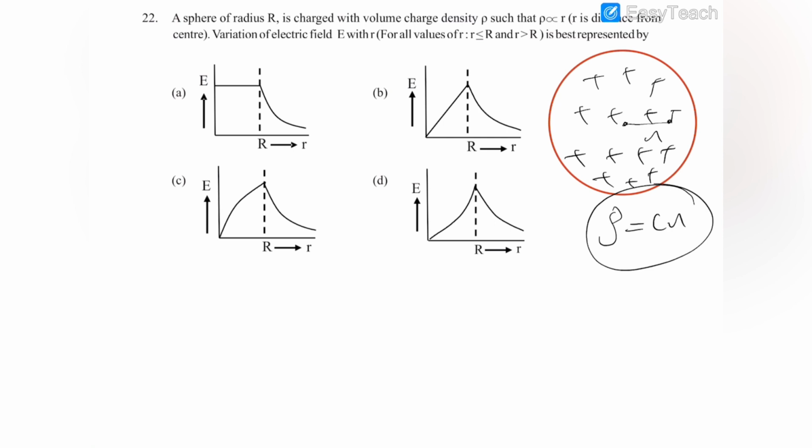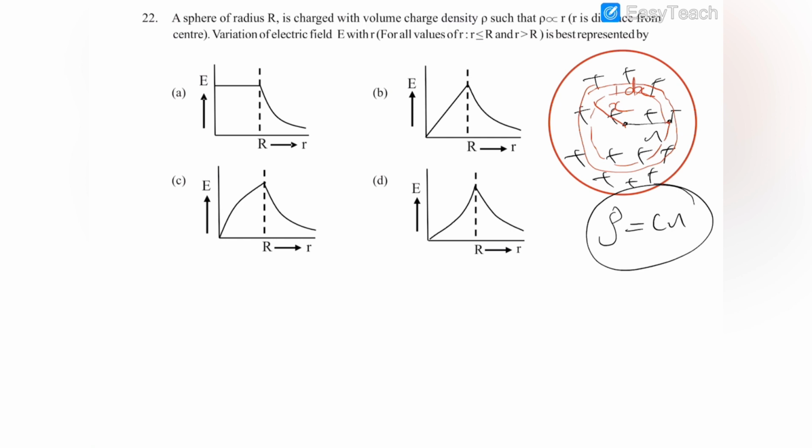So for that, let us assume an elemental sphere, whose width is, let's suppose, dx, and whose radius is x. Obviously I know that this x is equal to r, but for an instant I am assuming this radius to be x and this thickness to be dx.